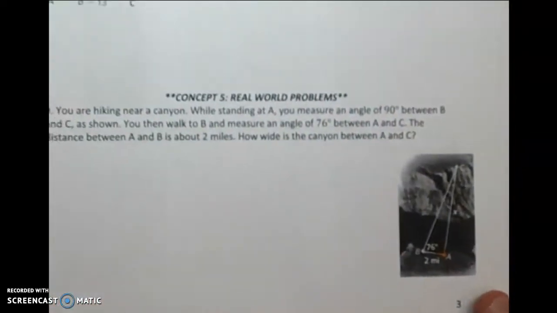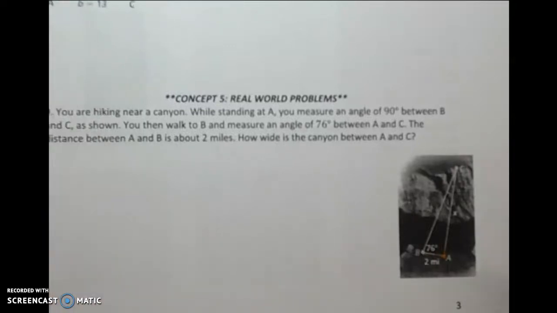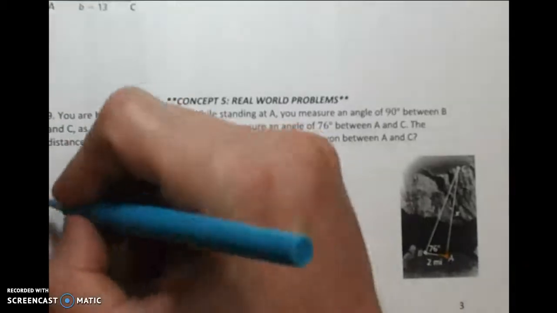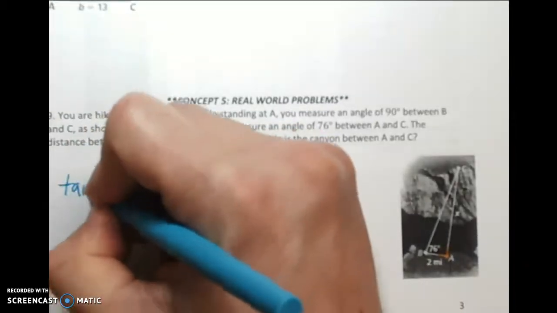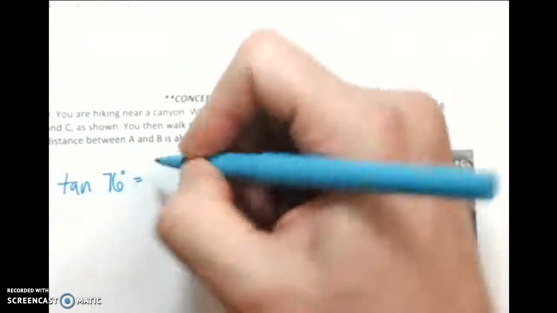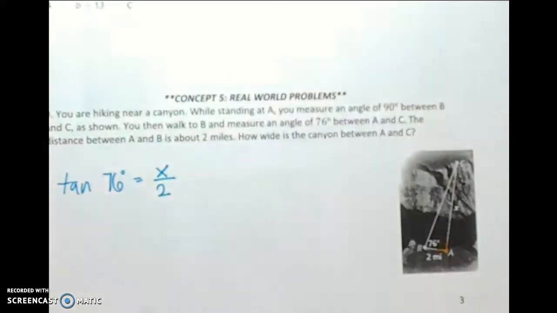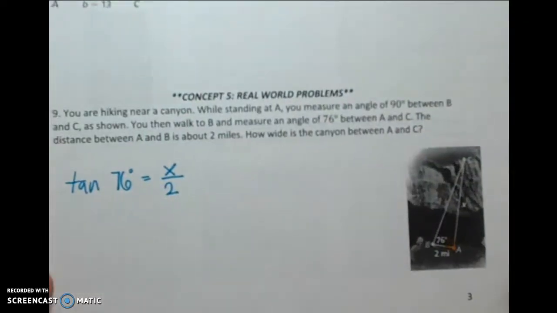So anyway, here we go. I look, and I have X right there. I'm solving for X. That's an opposite side to 76, and the adjacent side is 2 miles. So opposite and adjacent is tan. I say tangent of 76 degrees equals my opposite side, which is X, over my adjacent side, 2 miles.